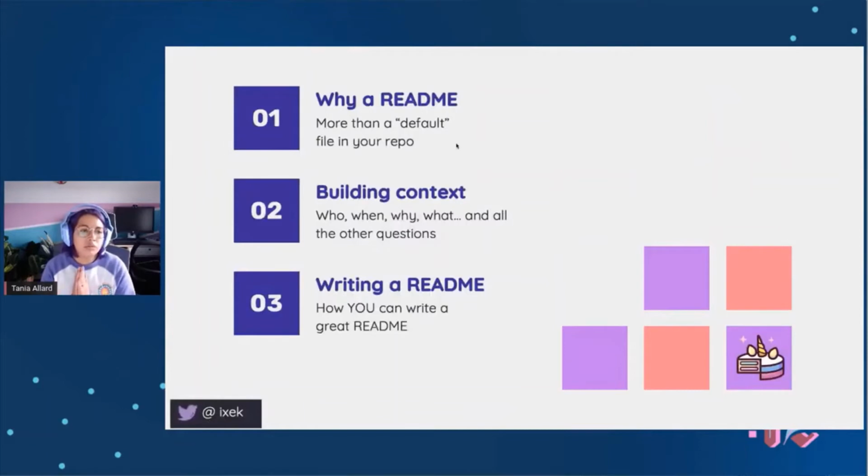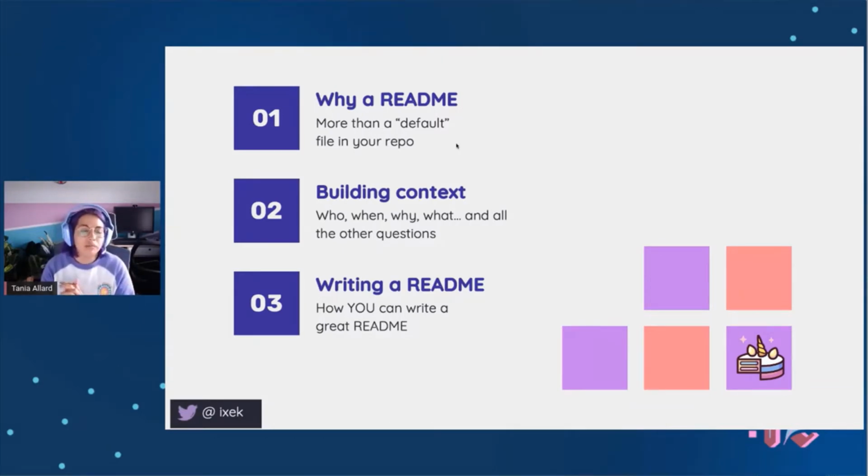So this is what we're going to be covering. I'm going to throw in a couple of fireside things so you can actually do a tiny bit of work. Not like homework, but just little tasks. First we're going to focus on why README: why would we actually want to write a README? Why do we need to put in the effort when we have documentation, tutorials, and a lot of other things out there?